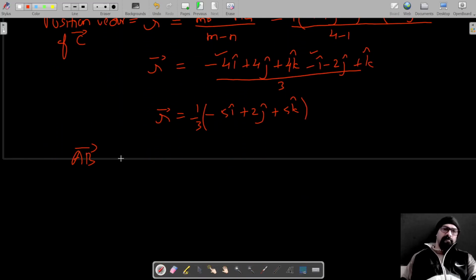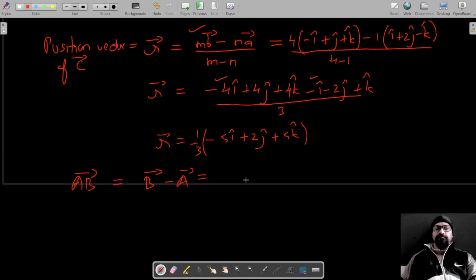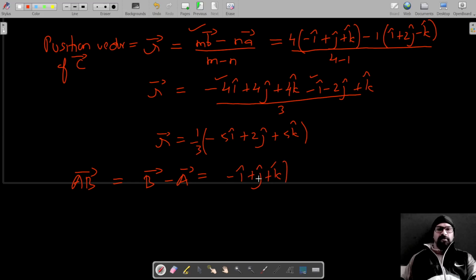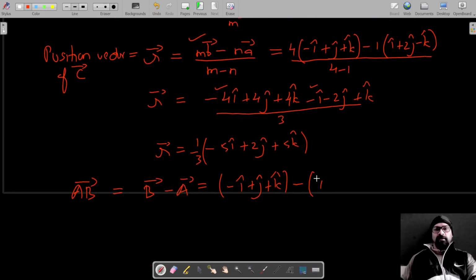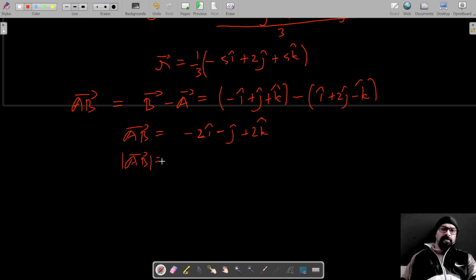So first of all, let's find AB vector, which should be the position vector of B minus position vector of A. B is negative i cap plus j cap plus k cap minus position vector of A, which is i cap plus 2j cap minus k cap, and which gives me AB vector as negative 2i cap minus j cap plus 2k cap.